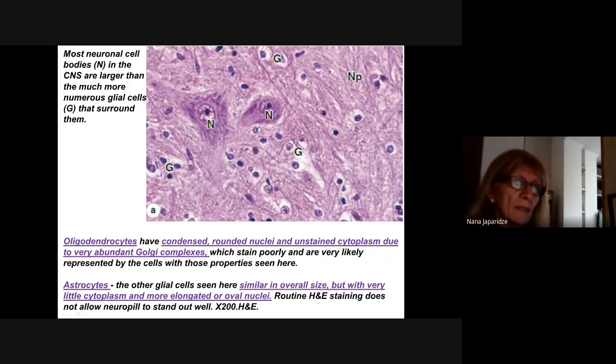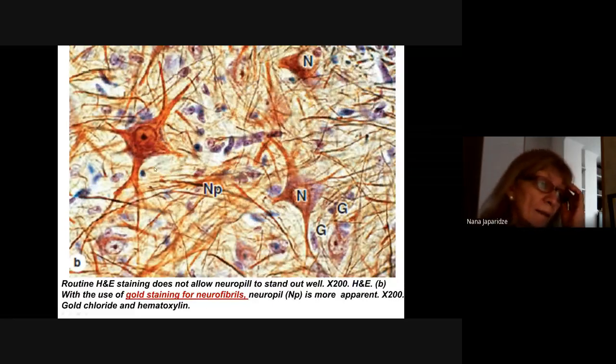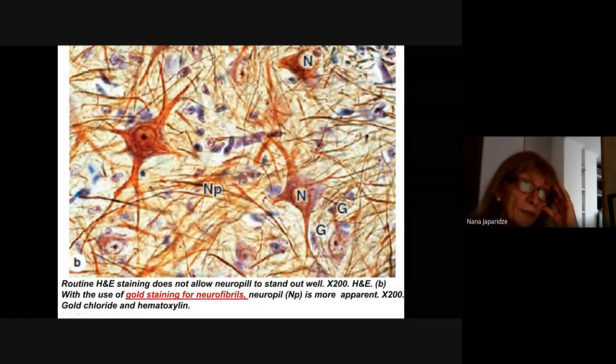So you see here these processes. Okay. This is hematoxylin eosin staining.